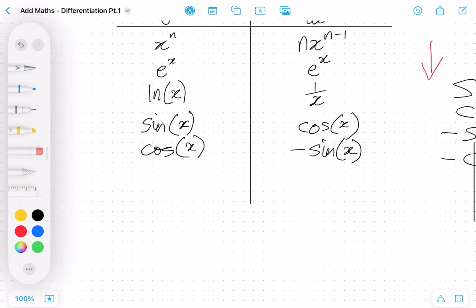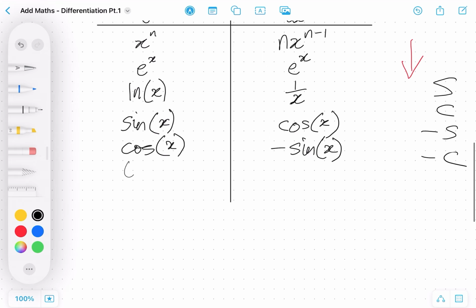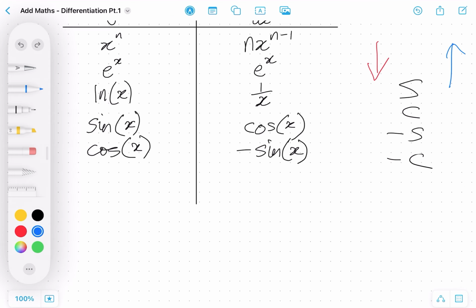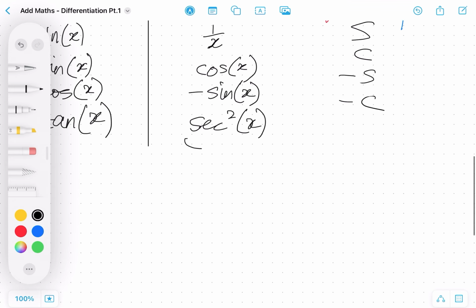Now if we talk about differentiating tan x, the derivative of tan x is actually secant squared x. If you're unfamiliar with secant, it is basically 1 over cosine x.